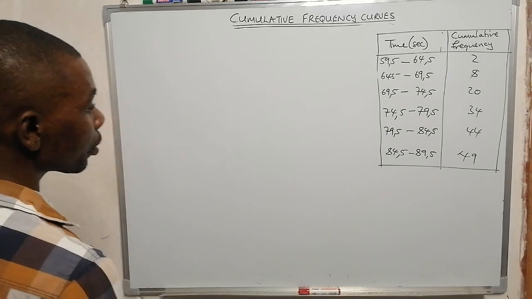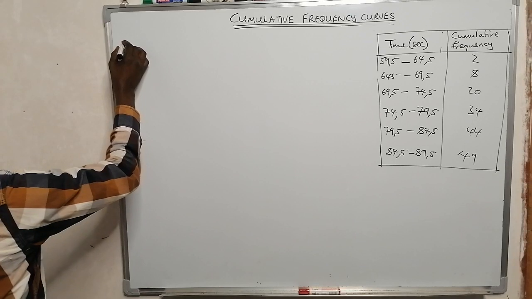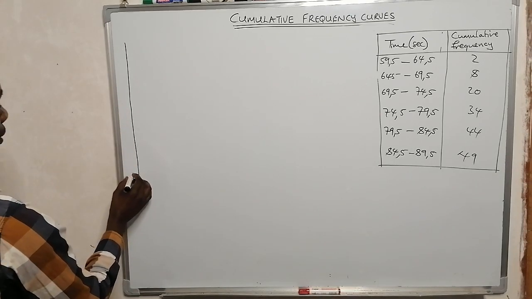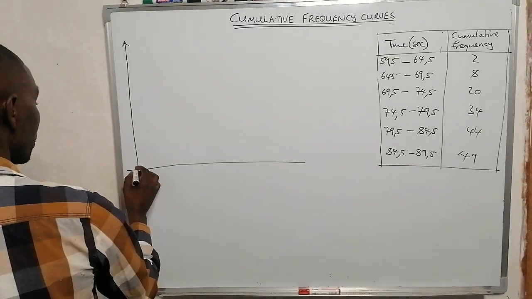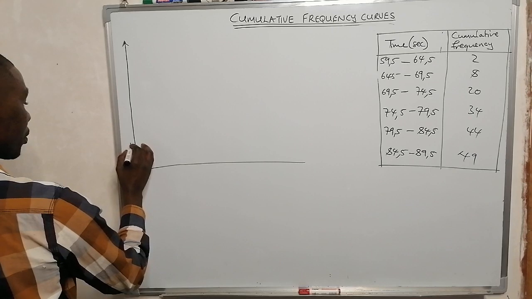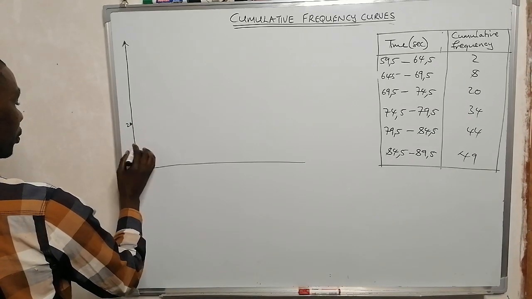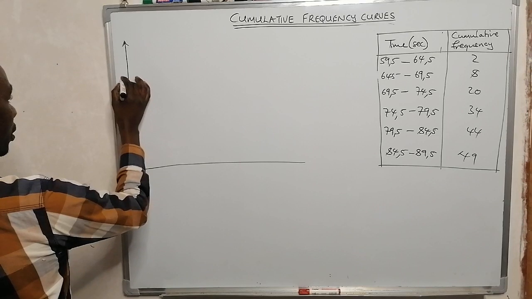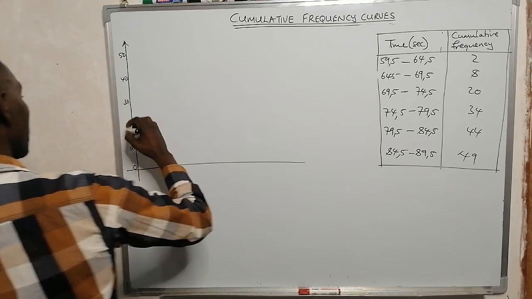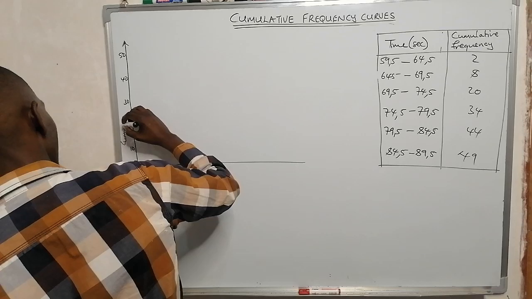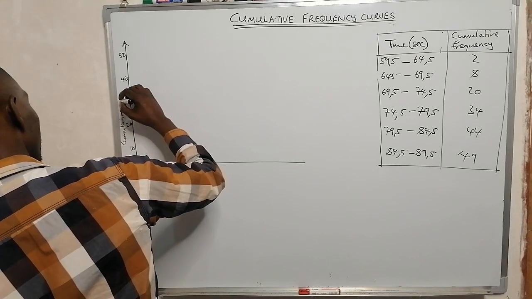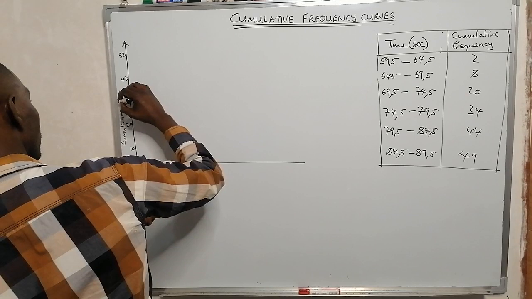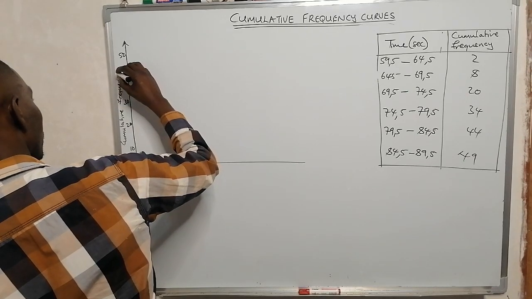Right, here we have cumulative frequencies, so we can use 10, 20 up to 50 here. 0, 10, 20, 30, 40, 50. That's our cumulative frequency.